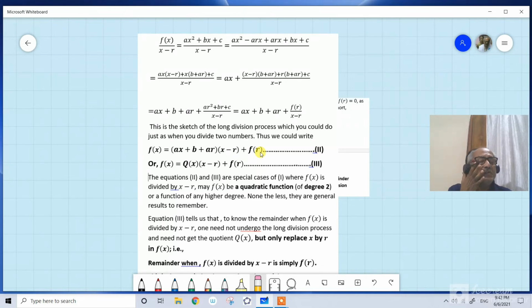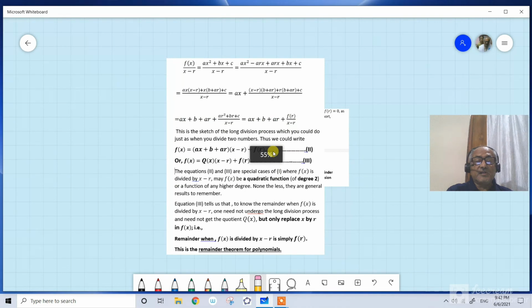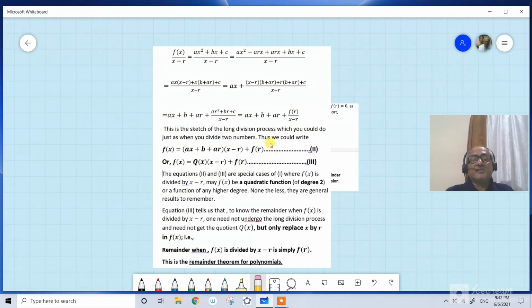This is the case when any polynomial is divided by x minus r, a linear polynomial. It may be a quadratic function or any function, and this is called the remainder theorem for polynomials. That means if you divide any polynomial by x minus r, the remainder will be f(r), where x is replaced by r.